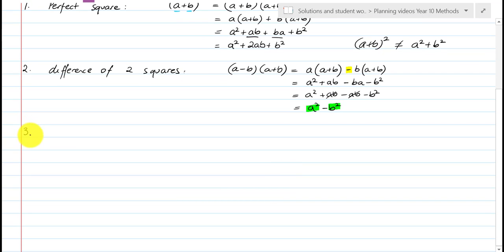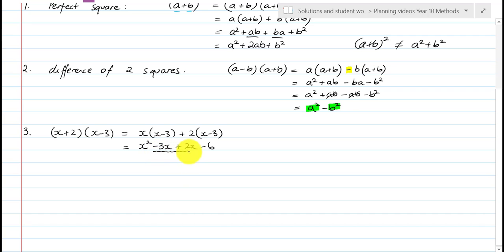Let's have a look at a third example. And this one's not a particular type of example. It's quite a simple quadratic though. (x + 2)(x - 3). Distribute the first bracket to give us x times (x - 3) plus 2 times (x - 3), and then expand and simplify. x squared minus 3x is the first bracket expanded. 2x minus 6 is the second bracket expanded.